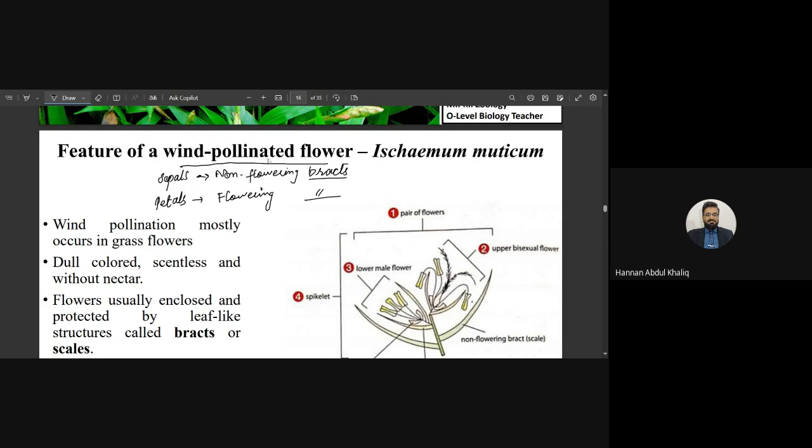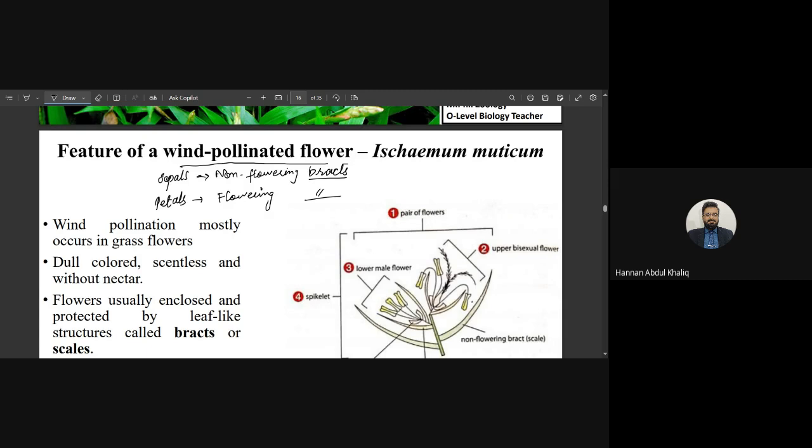When they are sepals, they would be non-flowering, and when they are petals, they would be flowering. So remember that wind pollinated flowers did not get the name of sepals or petals by the scientists who named them.